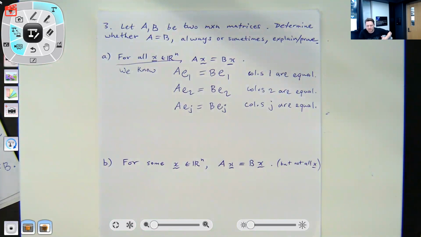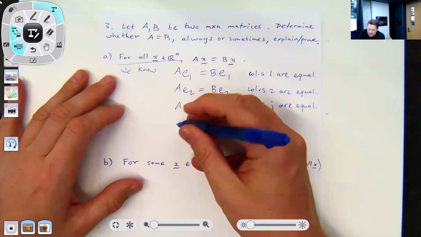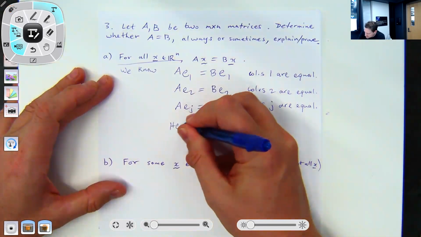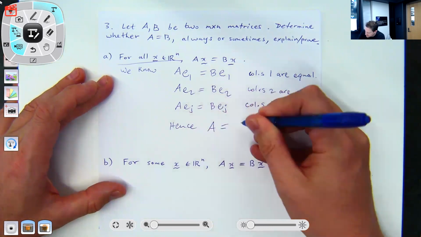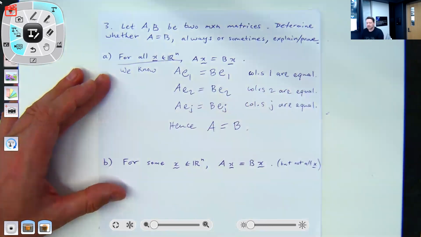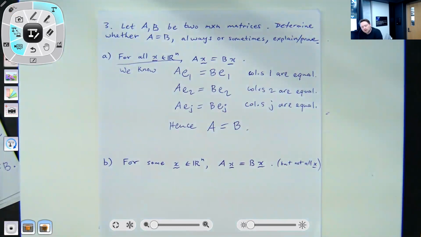So the first column of A is equal to the first column of B, the second column of A is equal to the second column of B, and so on, all the way up to N. So the only possible conclusion is, since every column is equal, that A has to be equal to B, right? So hence, the entire matrix A is equal to the entire matrix B. Okay, great, that's easy.